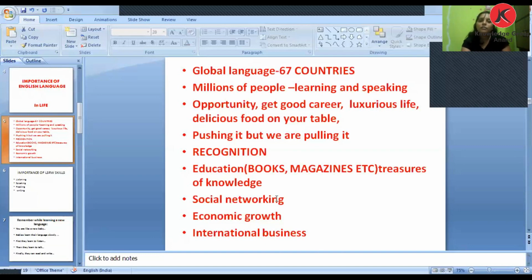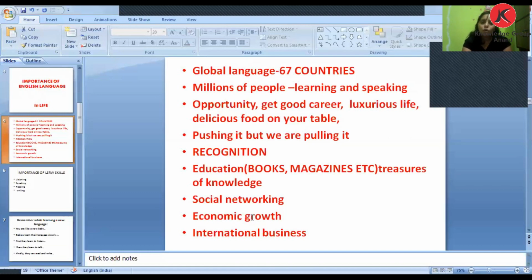So for social networking, for communicating with each other, and to invite or have a connection with other people on social networking sites, you must know the English language. Though if you have a friend from out of the country and you don't know their mother tongue, if you know Gujarati, the common language, both persons can speak in the English language, and you can connect with all over the world, in the global area.